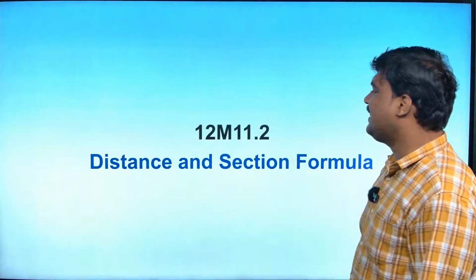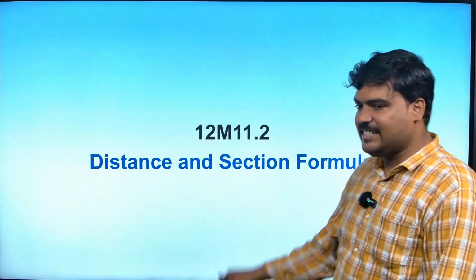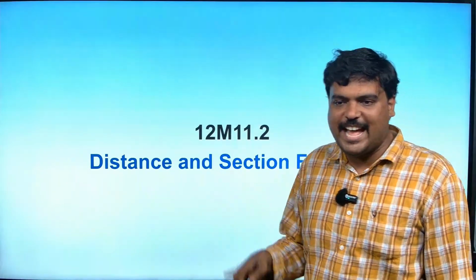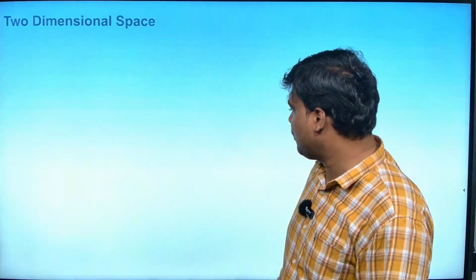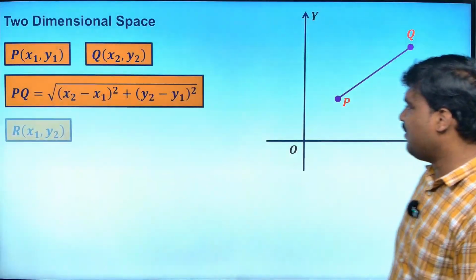See, once again guys, you might have studied this last year itself. The distance between 2 points is square root of x2 minus x1 the whole square plus y2 minus y1 the whole square plus z2 minus z1 the whole square. One extra term comes, that's all, nothing else. Correct? You remember that?